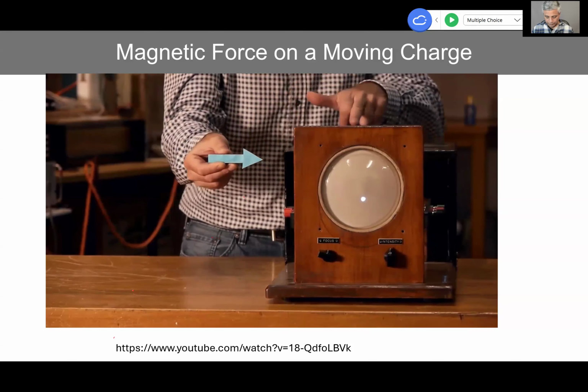And if I bring the magnetic field down from the top, the electron beam is deflected to the side. And it doesn't matter what angle I bring the field, the electron beam is always deflected at right angles. So it's really important that the magnetic field is at right angles to the direction that the electrons are traveling.